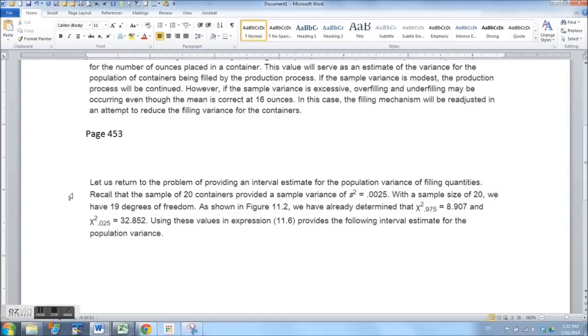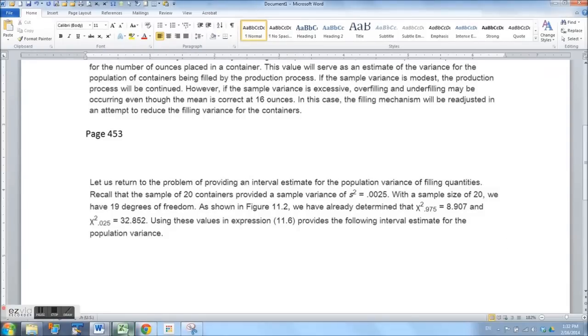On page 453, the problem further describes that we take a random sample of 20 containers, and the sample variance turns out to be 0.0025. So 20 is the sample size, and the sample variance is 0.0025.